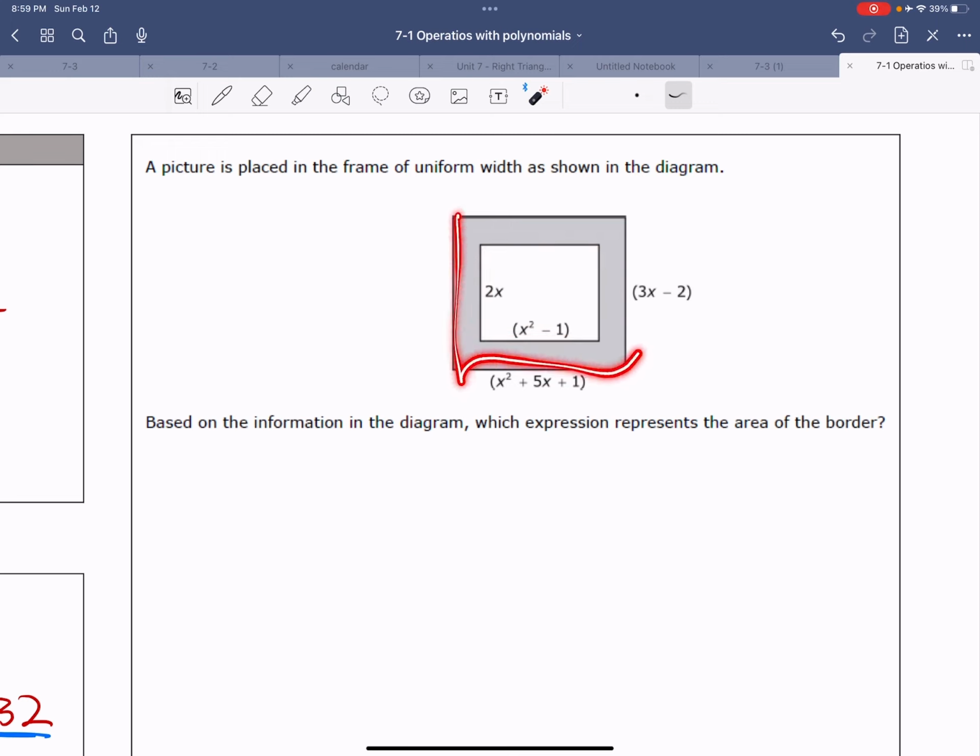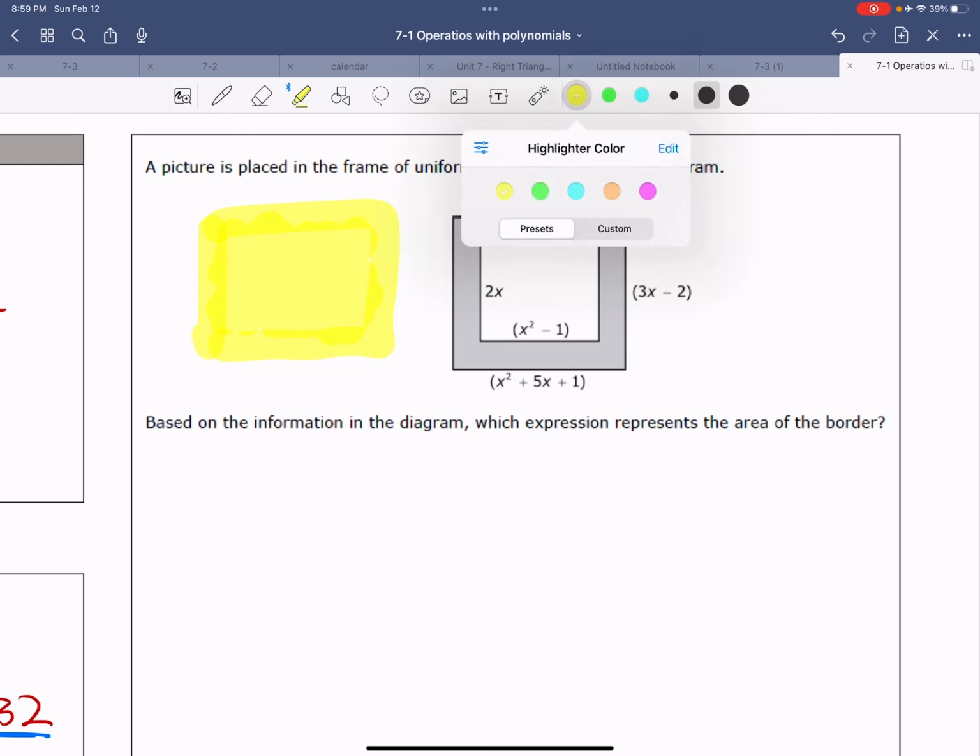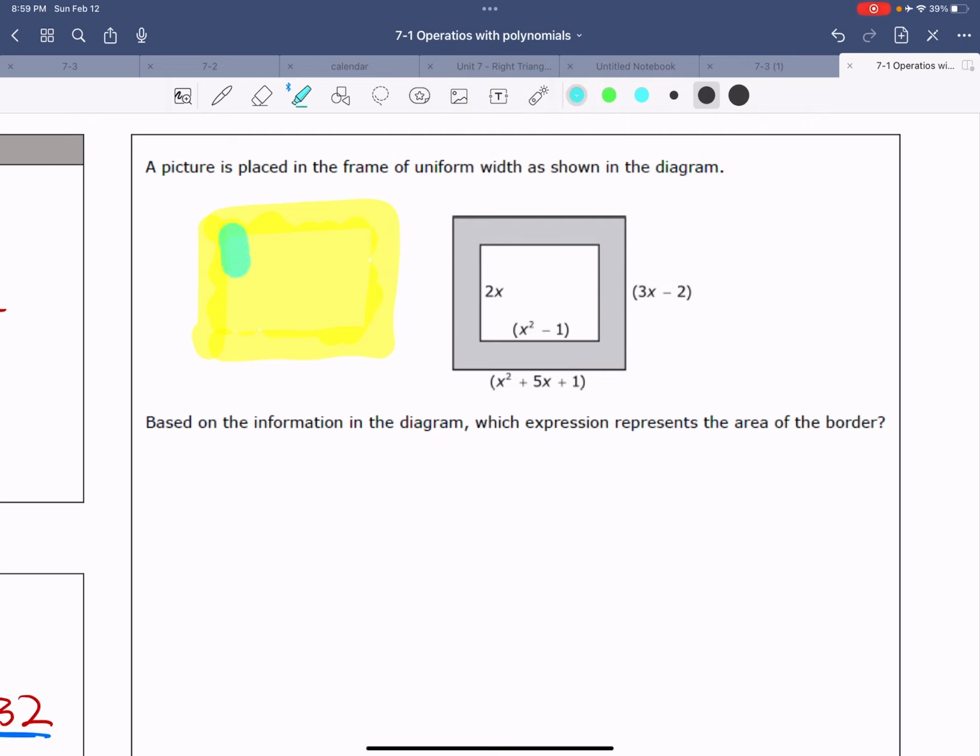So if you find the area of the whole rectangle, it feels like this. So you're finding the area of this whole rectangle, right? And what you're gonna do is you are gonna subtract this amount, right? That's what it is, basically, like this. How do I do that?